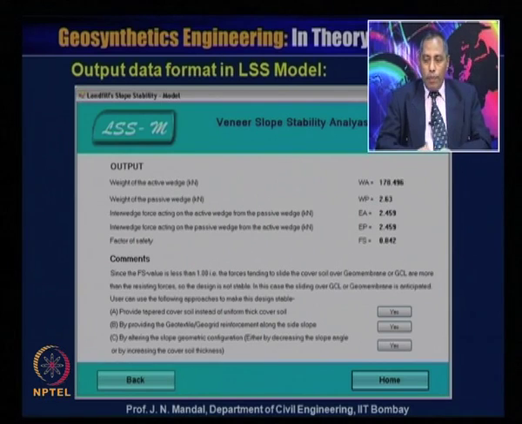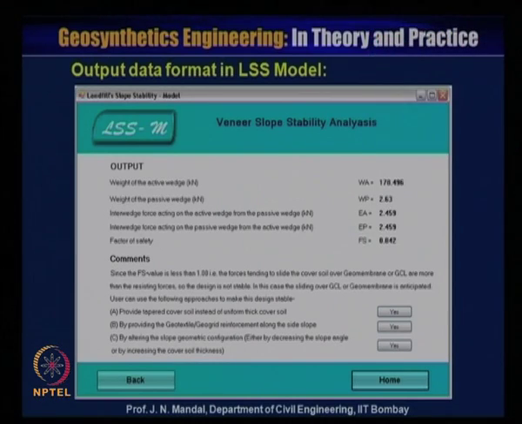Then C, by altering the slope geometric configuration, that is, by decreasing the slope angle or by increasing the cover soil thickness, and you can check whether it satisfies the factor of safety or not. So this way you can solve the problem.